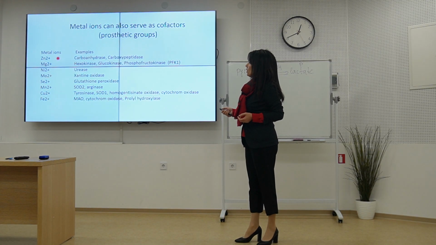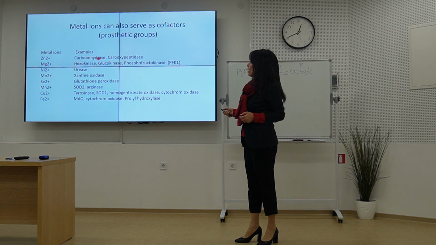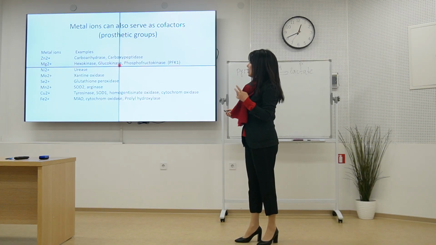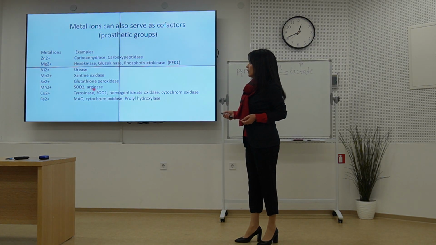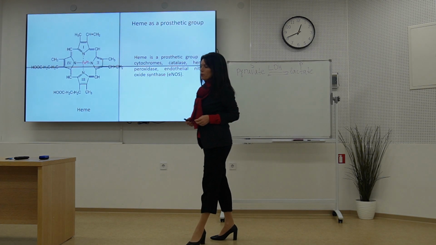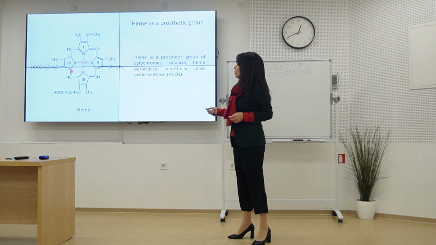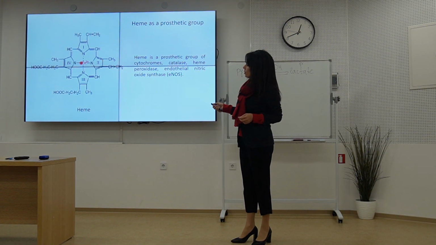For example, zinc is used as a cofactor of carbonic anhydrase enzyme or carboxypeptidase. Magnesium is used for all kinases: hexokinase, glucokinase, phosphofructokinase, and etc. This compound is called heme, there is iron in the center.